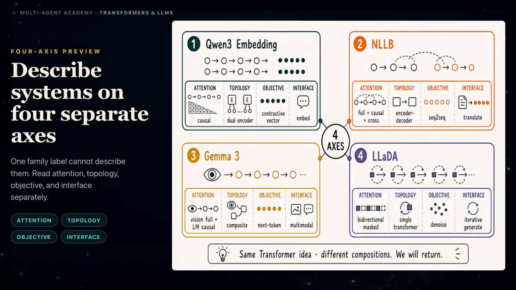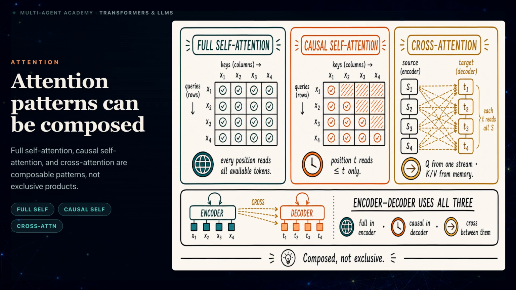We will unpack the mechanisms one at a time, then return to this same board and read it as an architecture specification. 3 attention patterns get mixed together in casual talk. Full self-attention lets every position look at the whole sequence. That pattern is common in text encoders and many vision models. Causal self-attention lets each position look only at earlier tokens and itself.